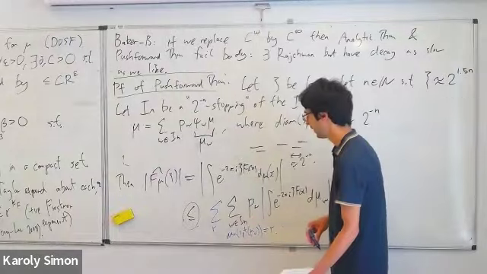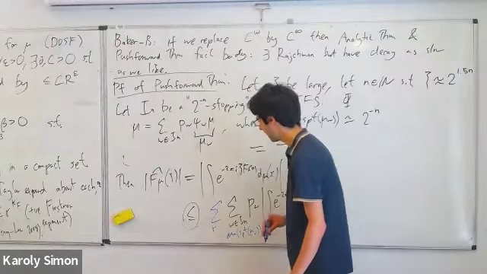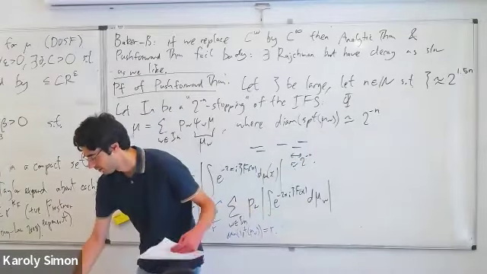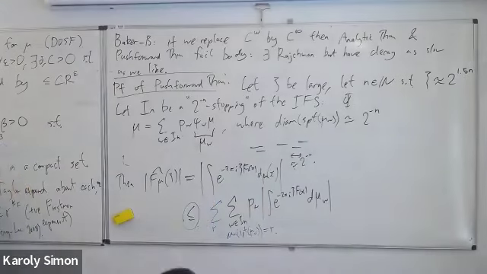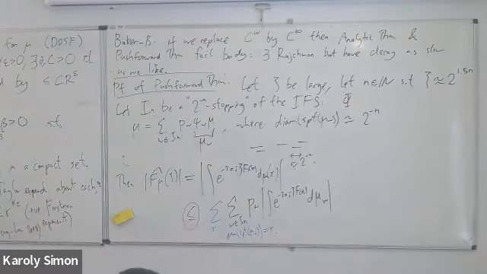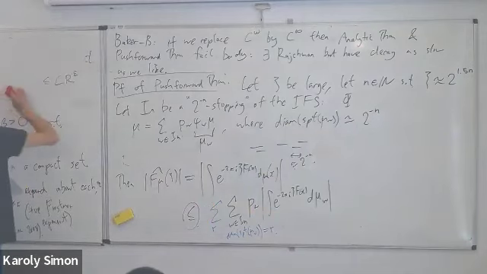Now, there's only polynomially many possible contraction ratios, essentially because of the commutativity of multiplication of real numbers. So we don't really have to worry about this.